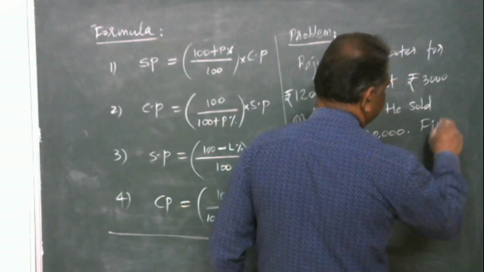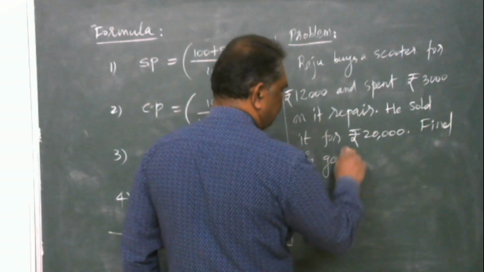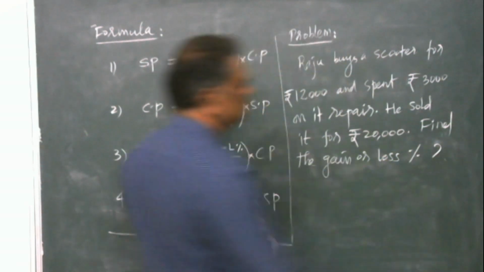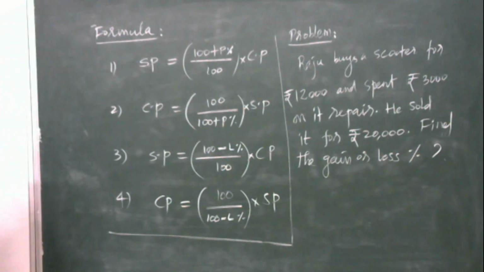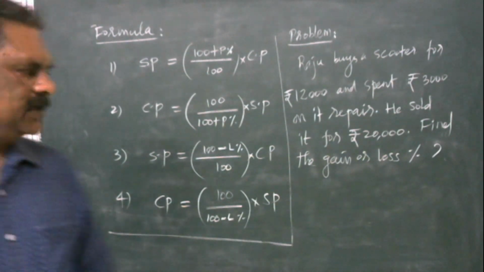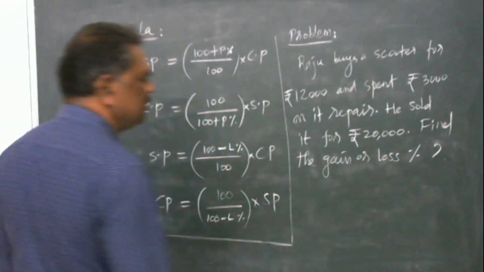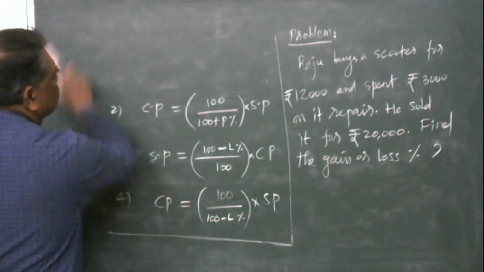Find the gain or loss percent. This is the question. Raju buys a scooter for 12,000 and spent 3,000 on its repair and he sold it for rupees 20,000. Find his gain or loss percent.